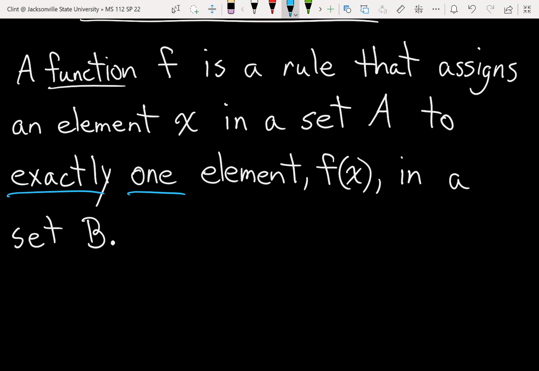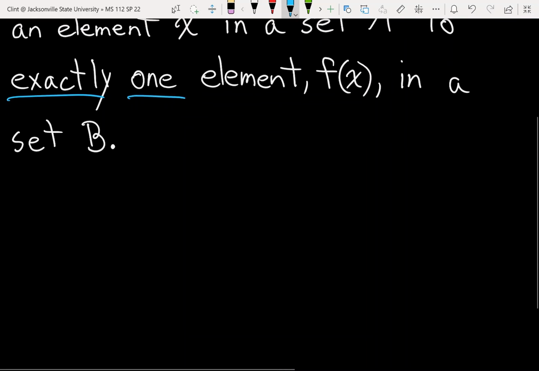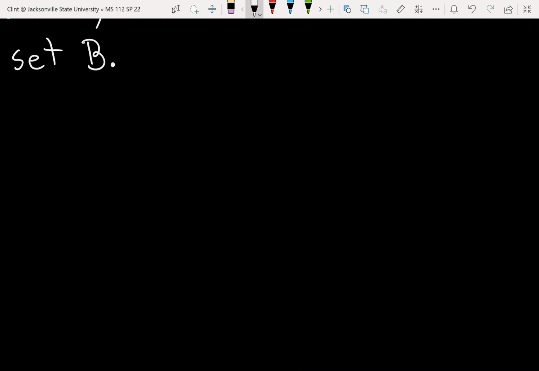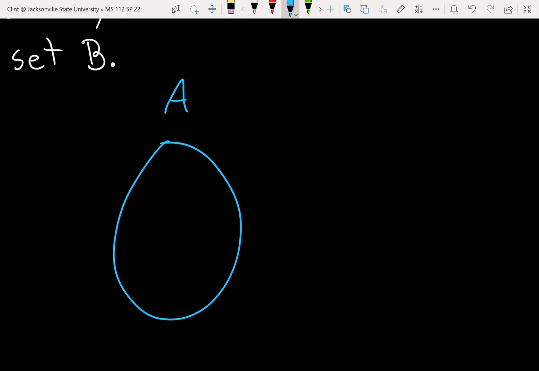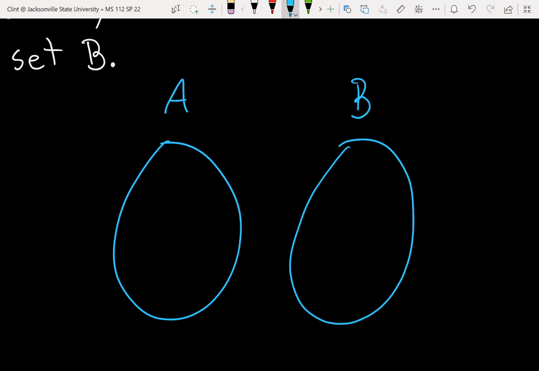So let's think about that relationship here a little bit. So here we'll have set A, and then we'll have set B. And we need some elements in set A, so we'll use numbers. They don't have to be numbers, but we'll use 1, 2, 3. And then let's do 7, 8, 9 over here.